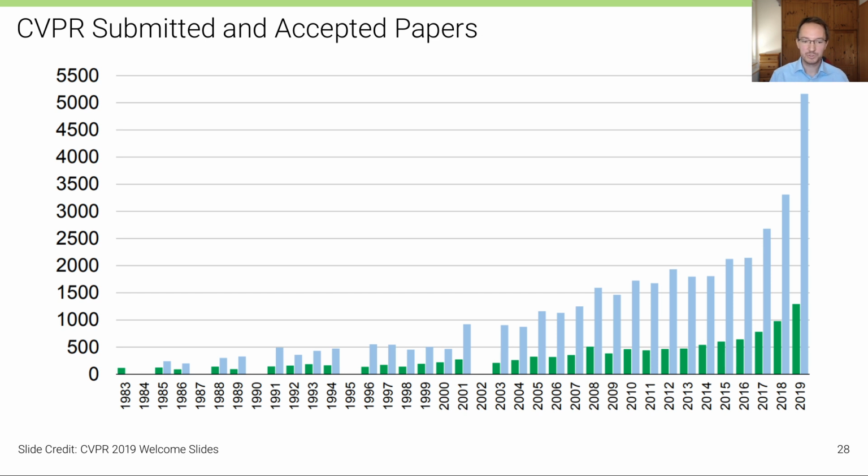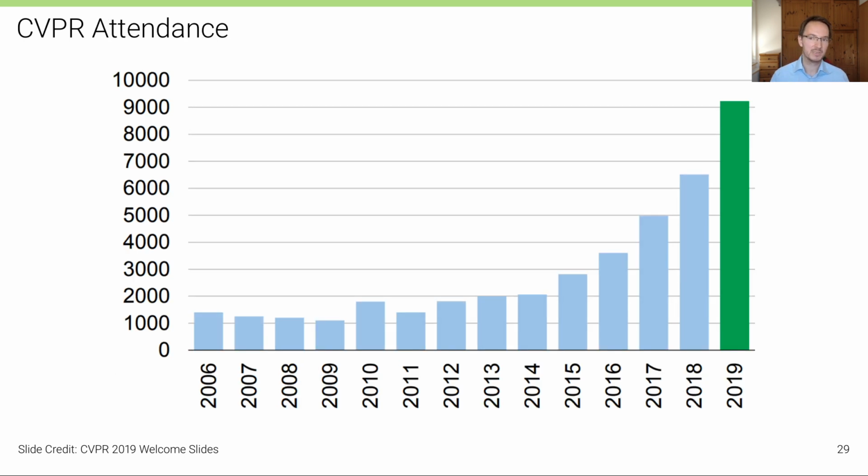So it's very short innovation cycles that we have in this field, and a lot of people working on these problems today. And this is also reflected in the attendance of, for instance, the CVPR conference, which is hitting the 10,000s now, while it was around 1,000 when I started doing research in computer vision around 2008, 2009.